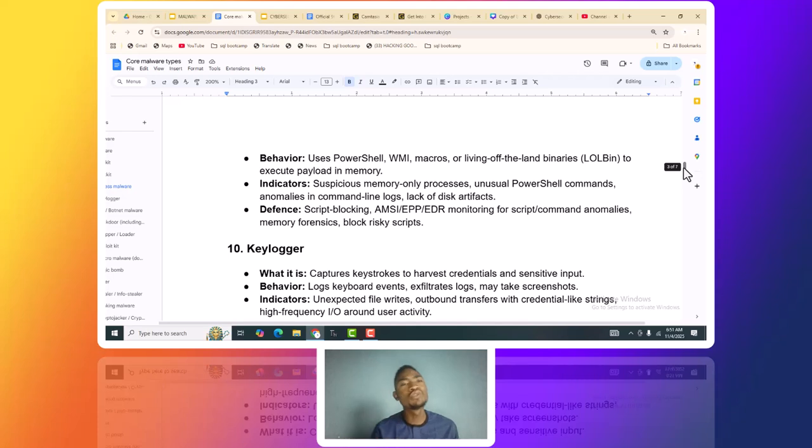However, when doing our project, the hands-on practical on malware analysis, we will install all these types of malware to see how they work. And so what we need to do to protect ourselves is script blocking, or even AMSI or EDR monitoring for scripting and command anomalies. And also, when we are not too sure, we can carry out memory forensics, and that is part of digital forensics.